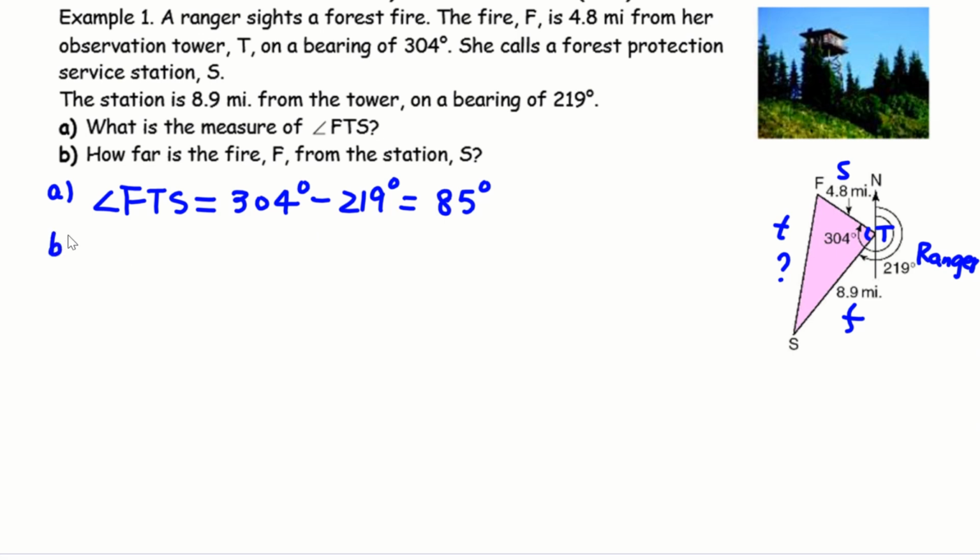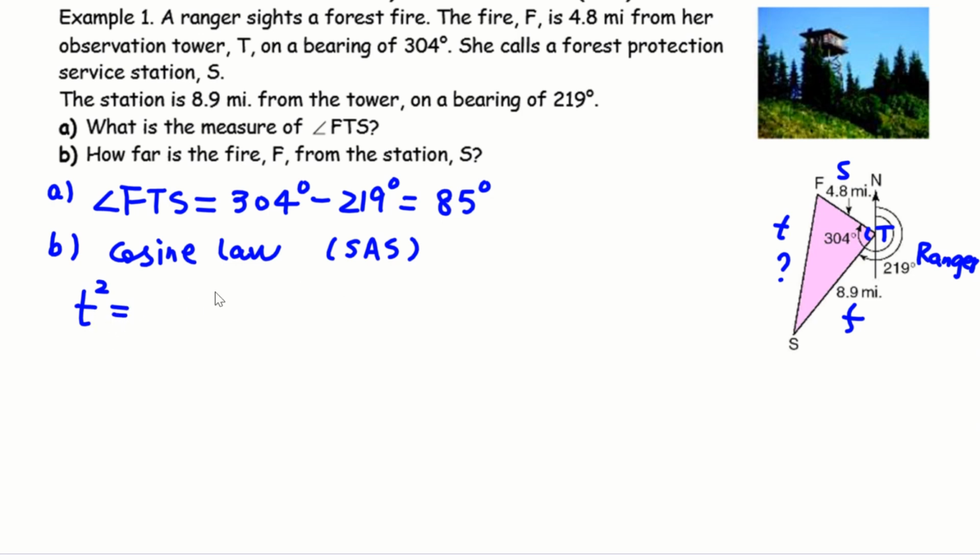Then in this triangle we have the two sides and contained angle given. So side angle side, we could use cosine law. In order to find t, we are going to use a formula with t squared by itself.